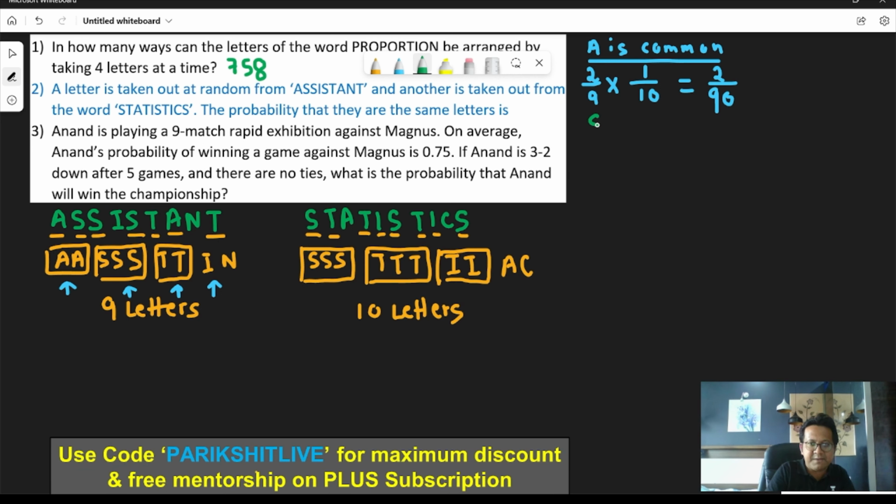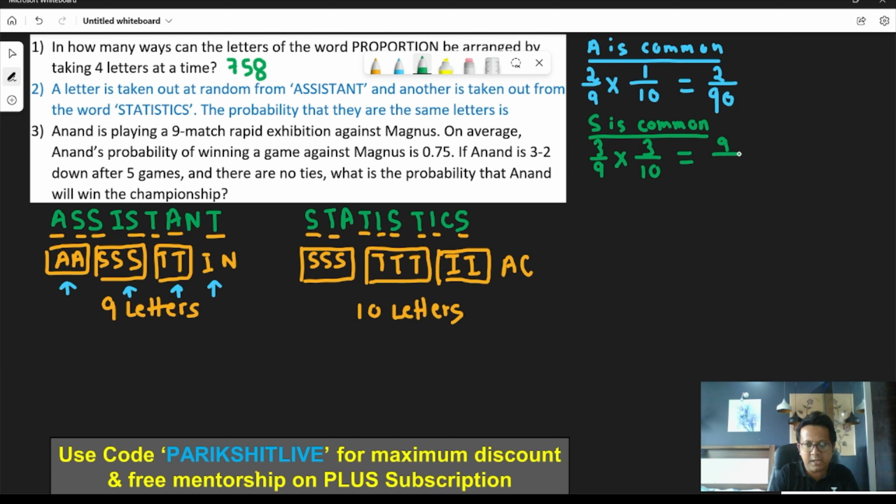Next, S can be common. The first word has got 9 letters, out of which 3 are S's. And the second word has got 10 letters, out of which there are 3 S's. So the probability of picking S from the first word is 3 by 9, and from the second it is 3 by 10.